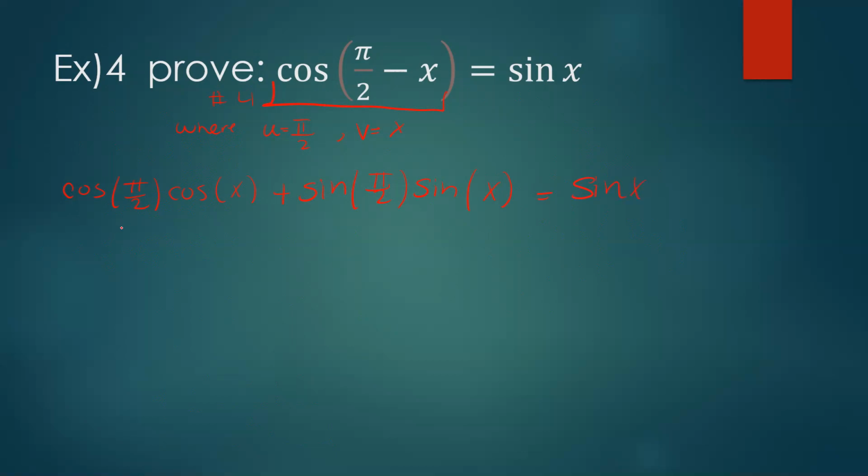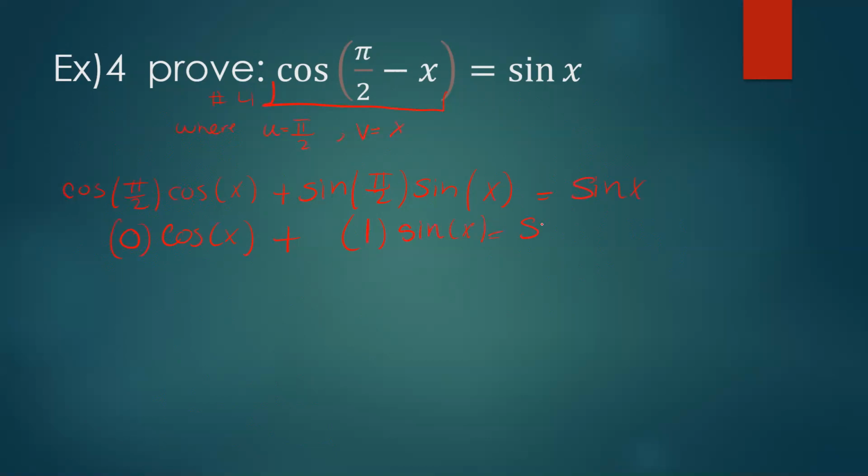So cosine of pi over 2 is what? That's 0, times cosine of x, plus sine of pi over 2, which is actually positive 1, times sine of x, right?